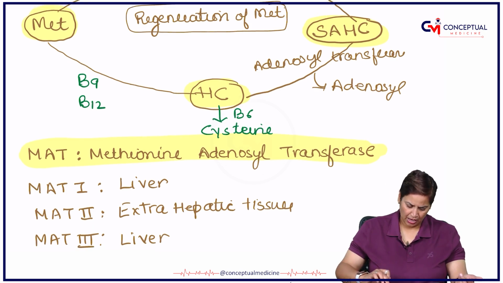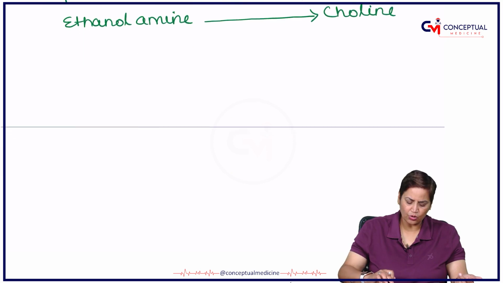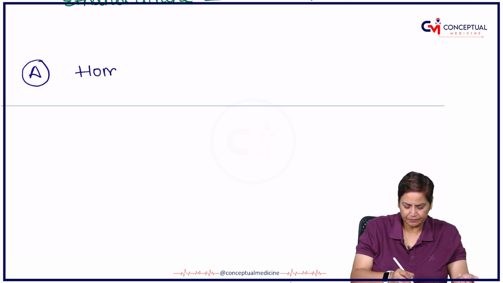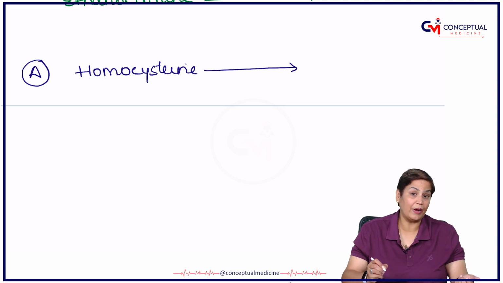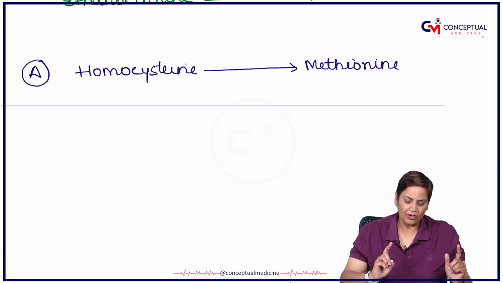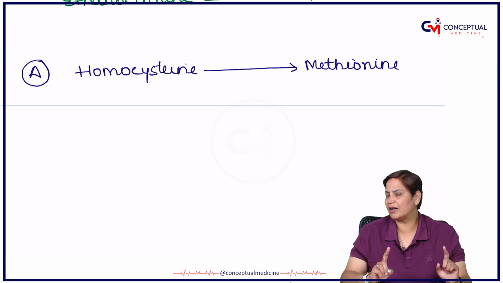Even though estimation of homocysteine requires very costly standards, yes, it is an indicator of MI. Okay. So now, first of all, how is this homocysteine converted into methionine. First reaction is this. And if you see the reaction clearly, I have mentioned the role of 2 vitamins here. And what are those vitamins? B9 and B12. Always remember that B9 and B12 are the only 2 hematopoietic vitamins.